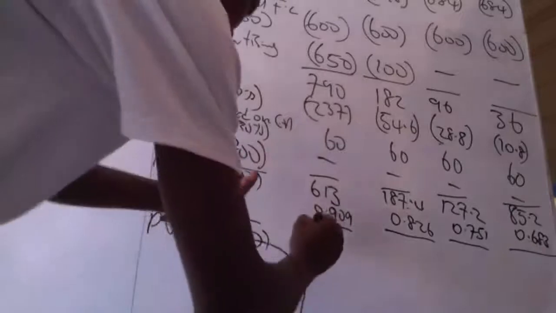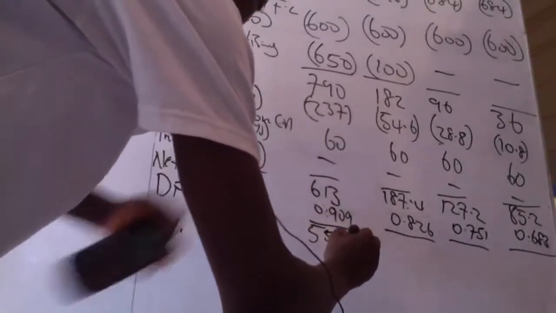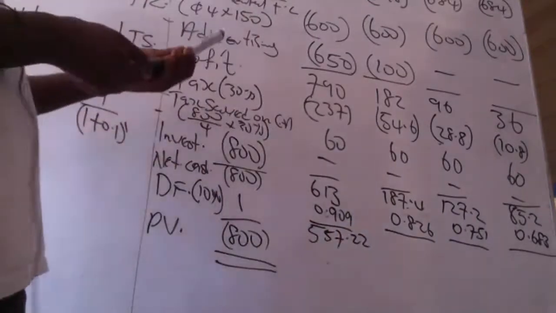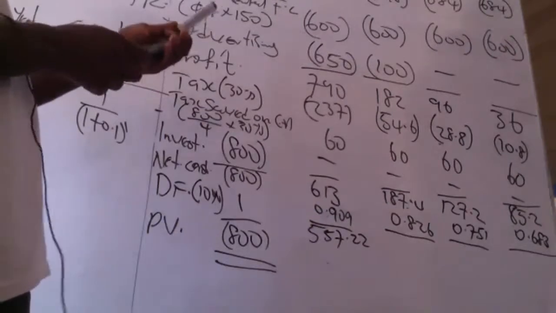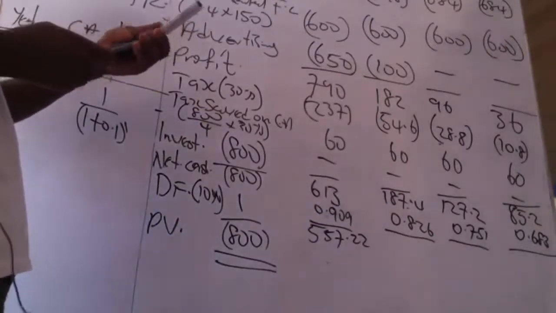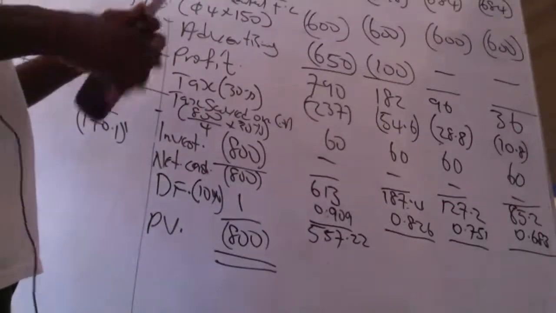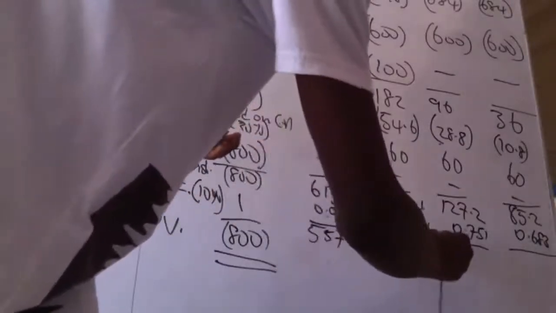So let me write it. 557.22. Then 187.4 times 0.826. That will be 154.79.